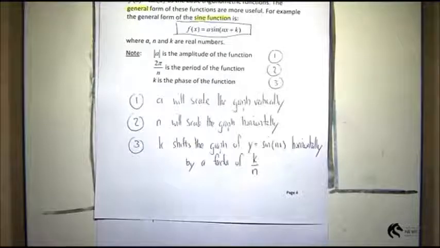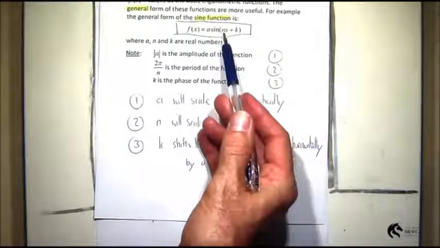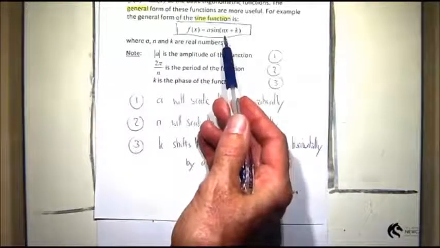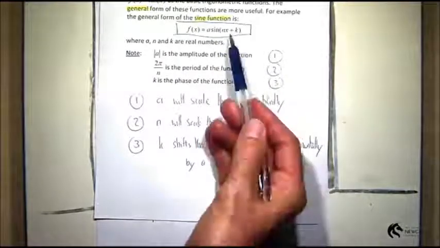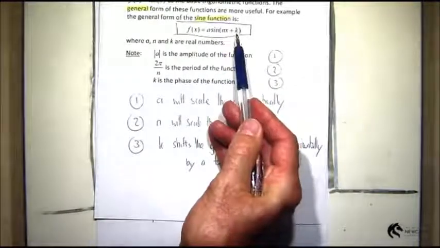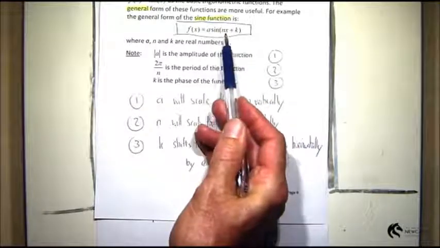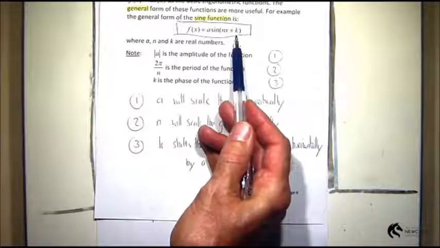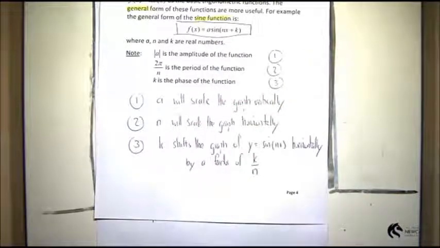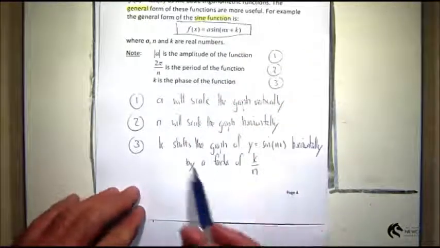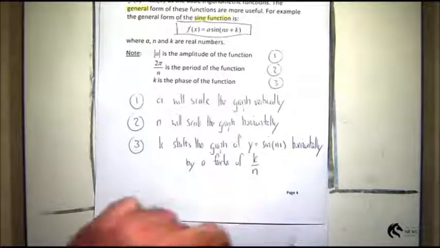So far, all of the ones that we've done where we've had a k, we've also had n, but n has been 1. And so it's always shifted it to the left or the right by the actual k value. Because I'm about to do an example where I've got an nx plus k. So that's the result. I'm going to try and explain why that's the result in the next example.